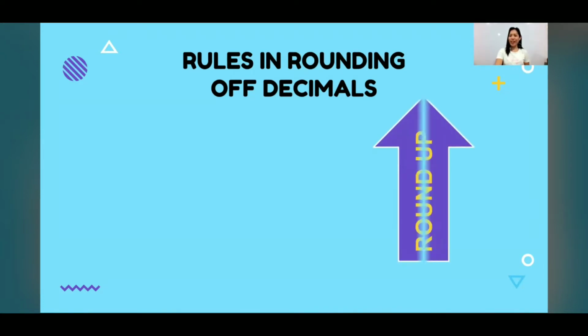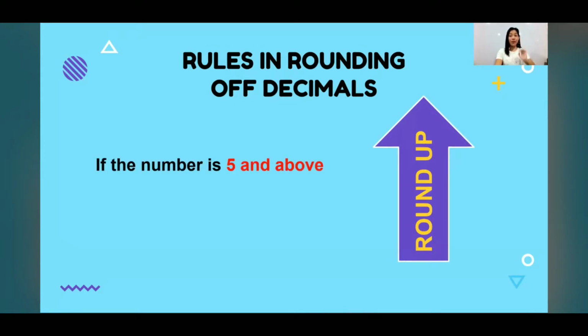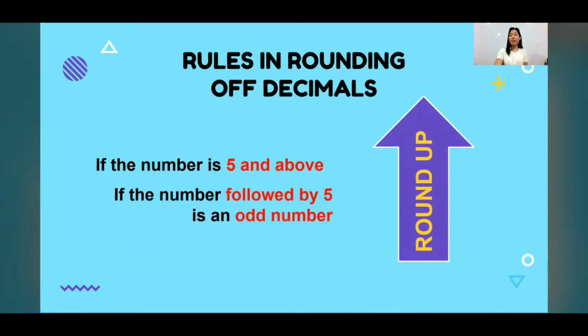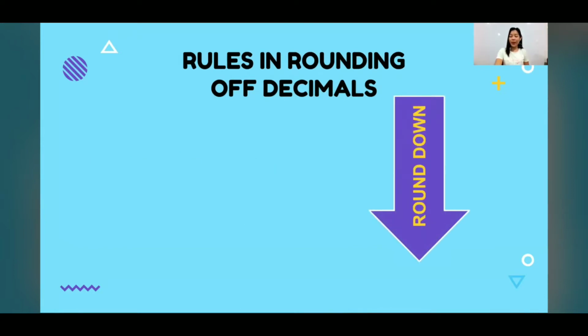So when do we round up? Very good. If the number is 5 and above. And we also round up if the number followed by 5 is an odd number. How about round down? When do we round down decimal numbers?